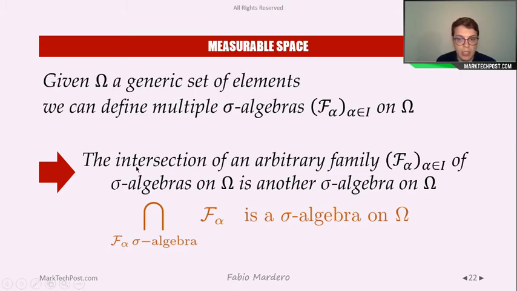So if we take the intersection of an arbitrary family of sigma algebras, we get another sigma algebra. That's fair. That could be used in the further slides. So remember, if we take intersections of sigma algebras, we still get a sigma algebra on omega.